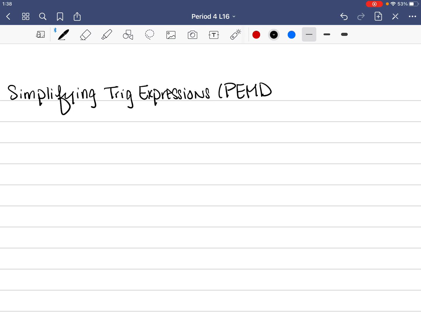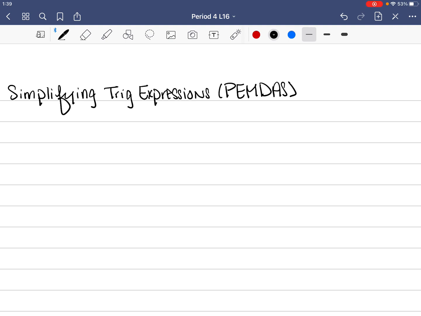It's in preparation for what we're going to call our sum and difference formulas in our next lesson. Working with these formulas, there's a lot of algebra, a lot of PEMDAS, and you have to get comfortable simplifying the trig expression once you use the formula. So we're going to do some practice with simplifying these trig expressions.